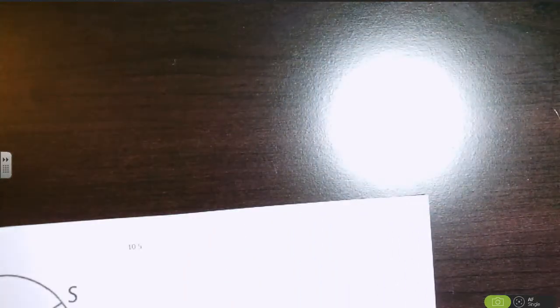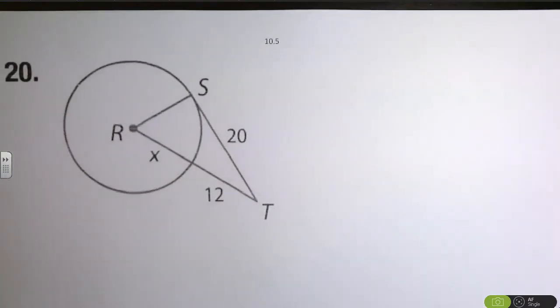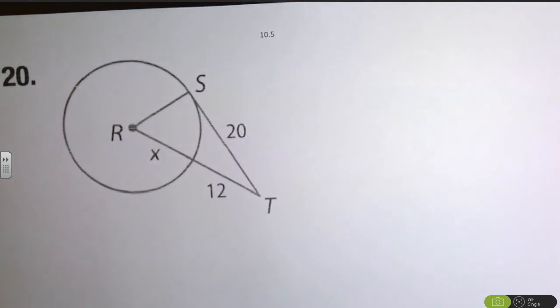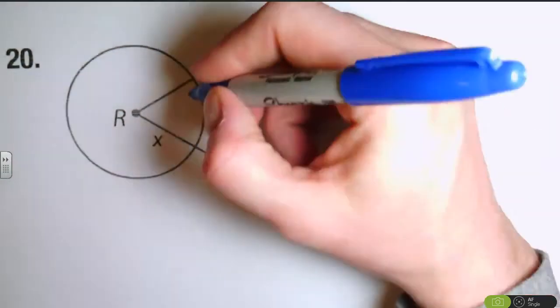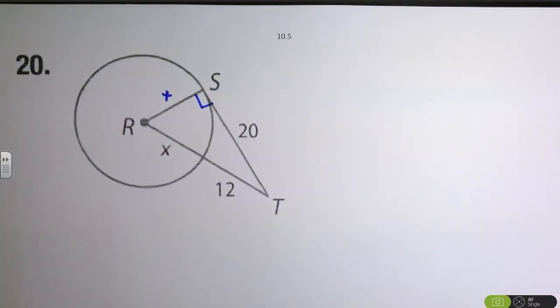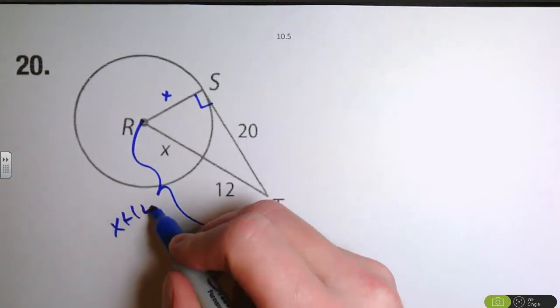Okay. 20 is asking us to solve for x. Now this one is not so nice and straightforward. In fact, it's actually quite difficult compared to some other problems. First, I have to assume it's a right angle. Okay. RS is x. And then this guy here is actually x plus 12.